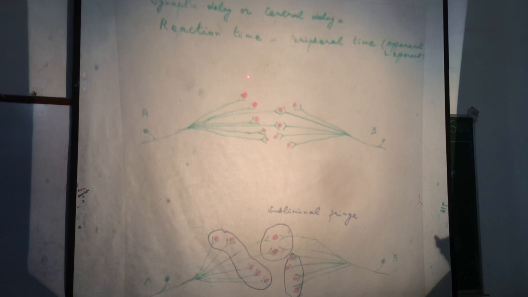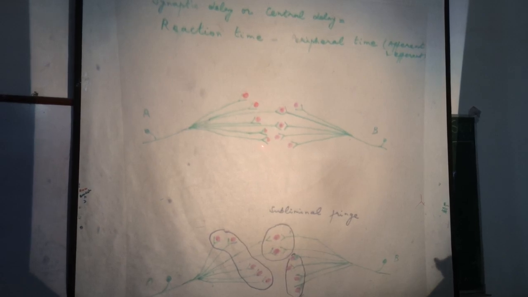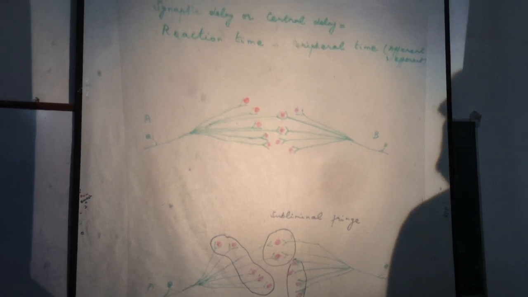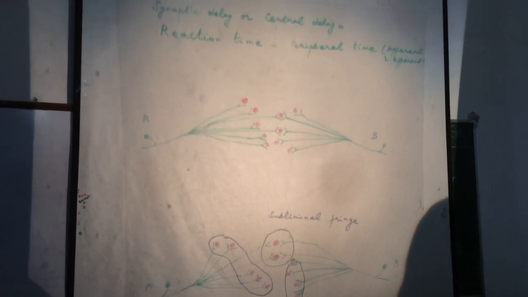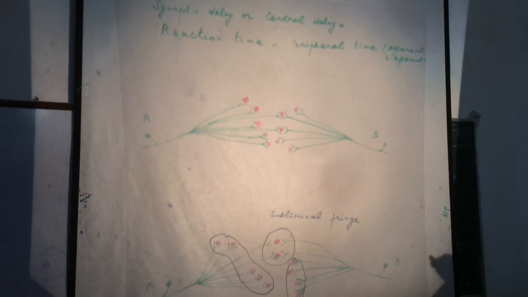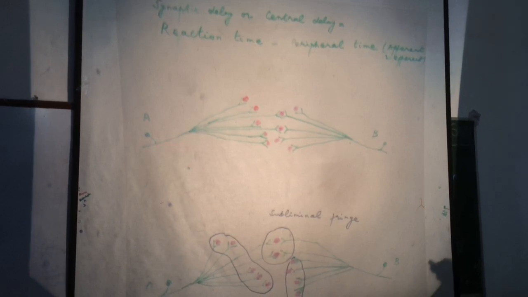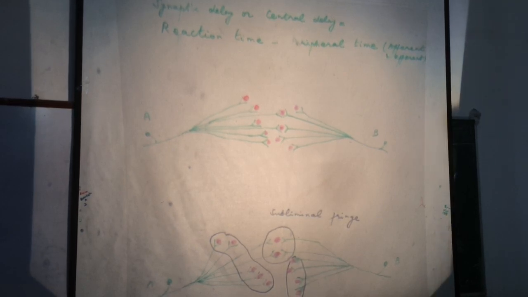So when we excite the neurons of afferent A, how much muscle tension will be produced? 7G, because 7 motor neurons are excited by afferent A. So 7G is the muscle tension produced when you stimulate afferent A.